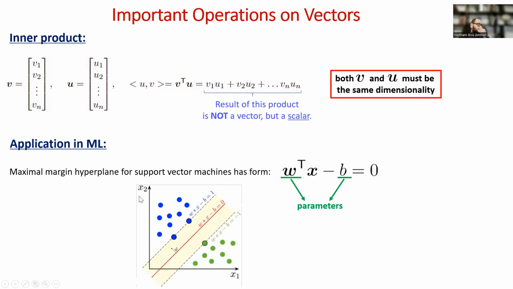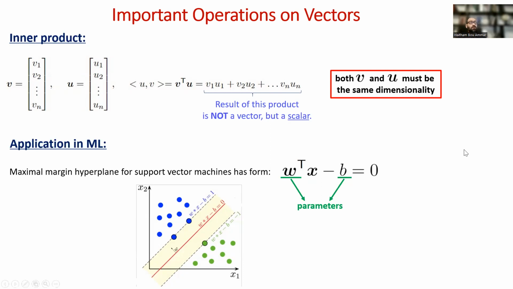Now, if you look at things in machine learning, you've seen this notation before. For example, in support vector machines, we can write w transpose x minus b equal to 0, which is your maximum marginal hyperplane.